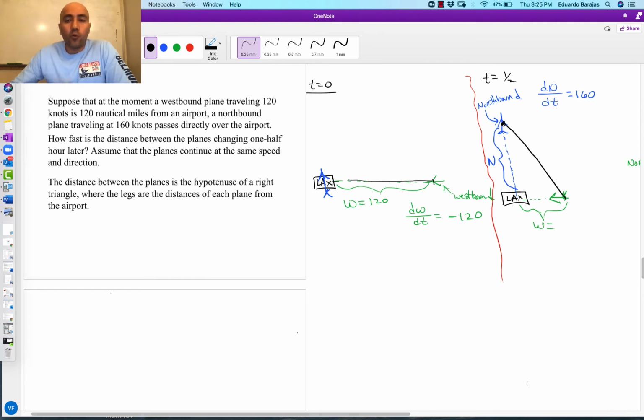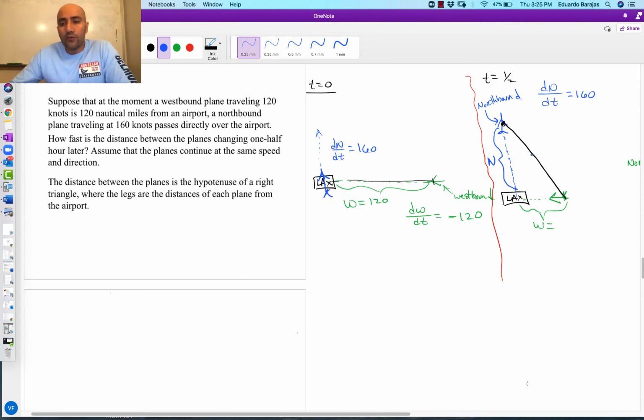As we move forward in time, this airplane is going to continue to travel in this direction at a speed of dN/dt equal to 160. And this one keeps traveling toward the airport, presumably stopping at the airport, or maybe it just keeps going right past it and keeps going west. We don't know. But the distance between them, this variable, is going to change.